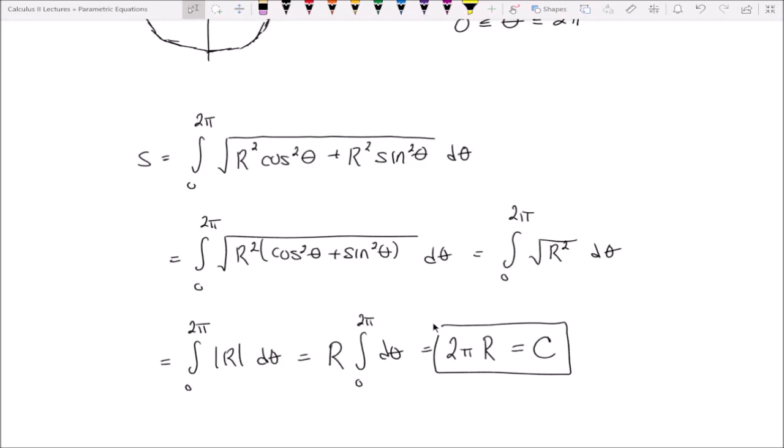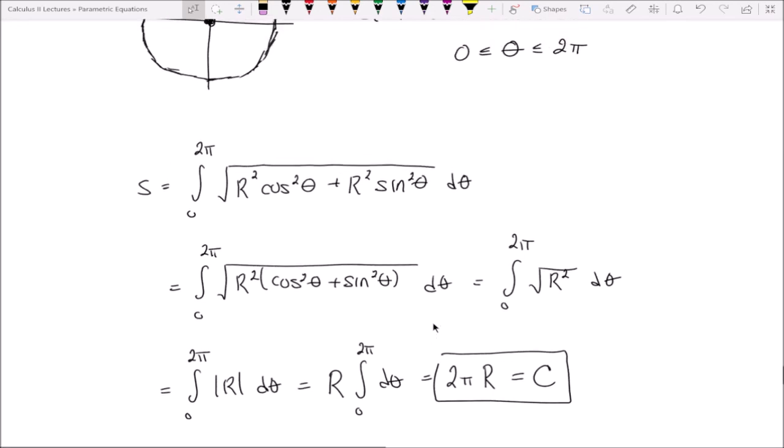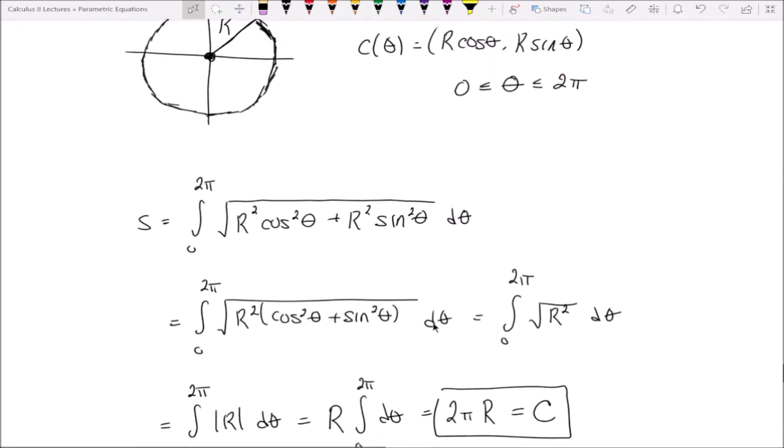So I need to correct the record here. Right, this is not correct. What this should have been was negative r sine of theta squared plus r cosine of theta squared.